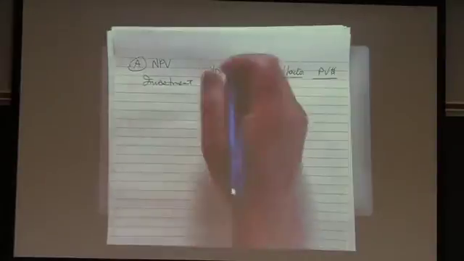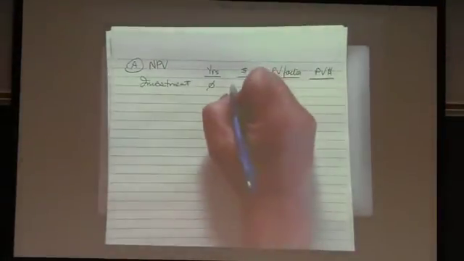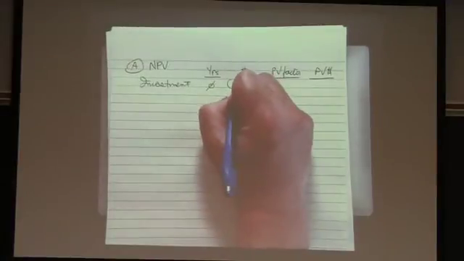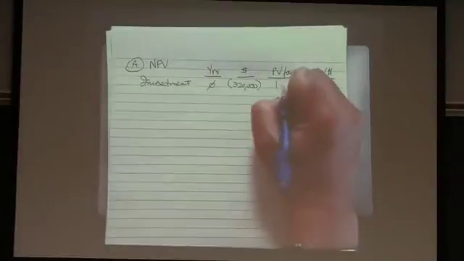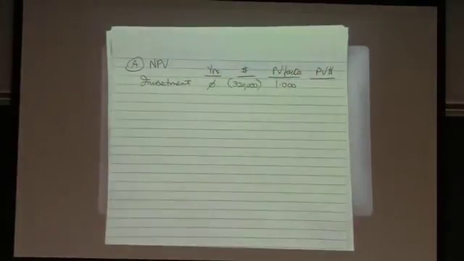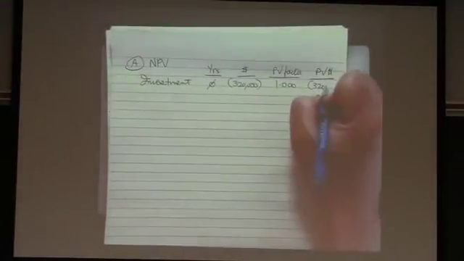Now, investment is time 0, which is today, and the amount, I'm going to put a minus 320, and the present value factor. In other words, if you invest today, the value of that dollar is equal to the face value of that dollar. That's $320,000.